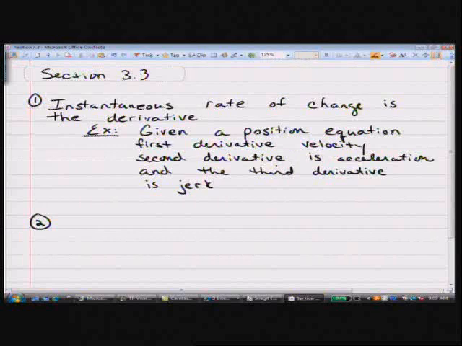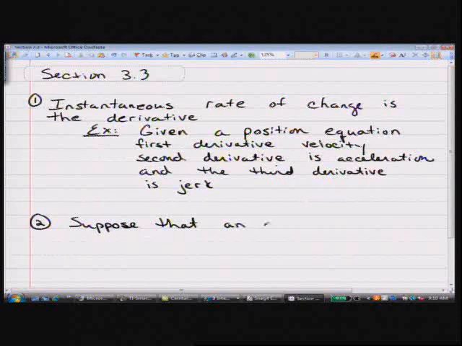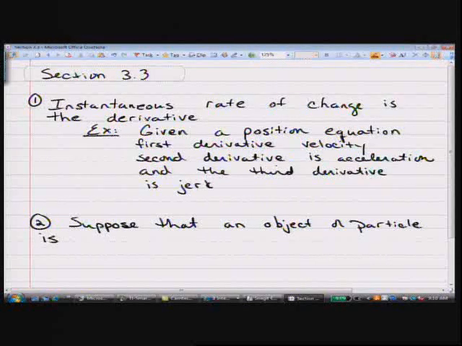So suppose that an object or particle is moving along a coordinate line.